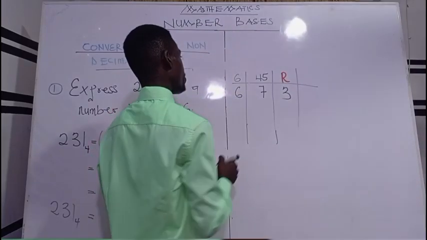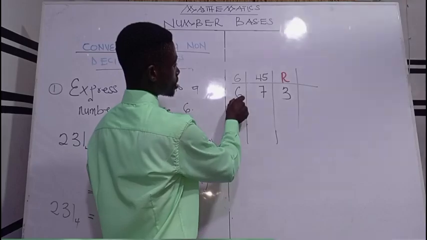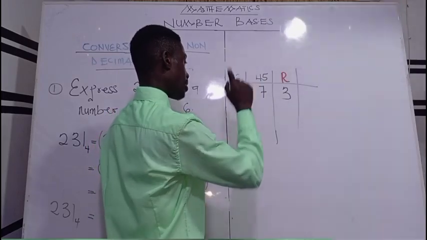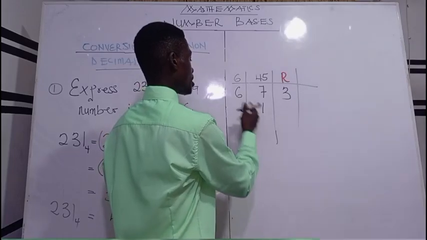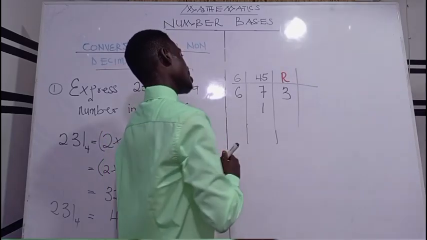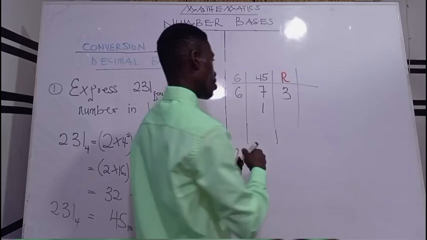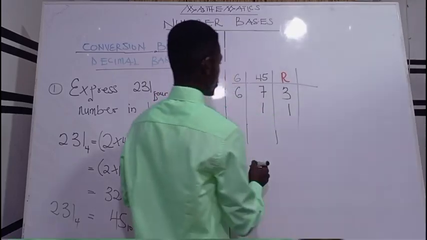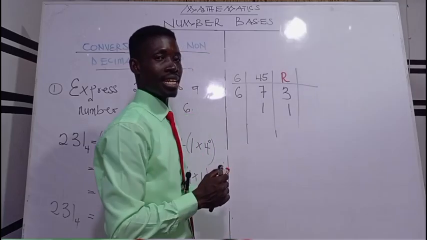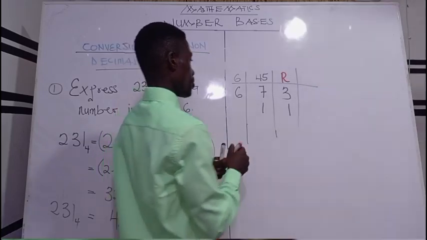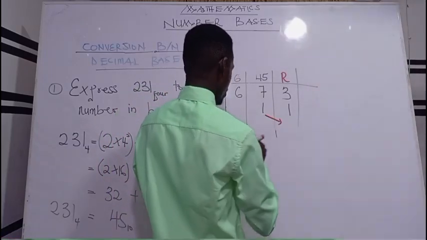We continue with our division. How many times will 6 divide 7? I think 1. And then 6 times 1 will give us 6, 7 minus 6, a remainder of 1. Now realize that this number is less than the divisor, so we end our division. So we are going to add this number to the remainder column.